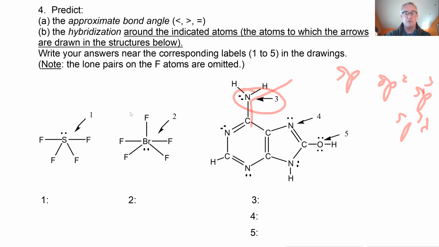For the second one it would be fluorine, bromine, fluorine, they'll all be the same. For the sulfur here, fluorine, sulfur, fluorine. And then answer the same questions for this nitrogen and that oxygen. You're just basically answering the same questions. Give me the hybridization and the bond angles for each one.